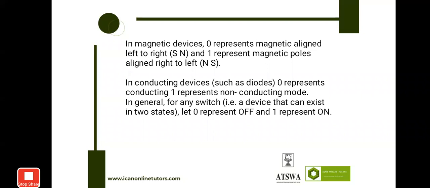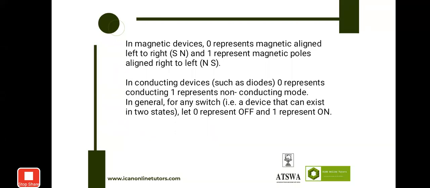In magnetic devices, 0 represents magnetic poles aligned left to right, and 1 represents poles aligned right to left. In conducting devices such as diodes, 0 represents conducting and 1 represents non-conducting mode. In general, for any switch, that is a device that can exist in two states, 0 represents off, while 1 represents on. So numbers are being used to represent the different aspects of these devices. Consider the punch card: 0 represents holes, while 1 represents parts not punched.